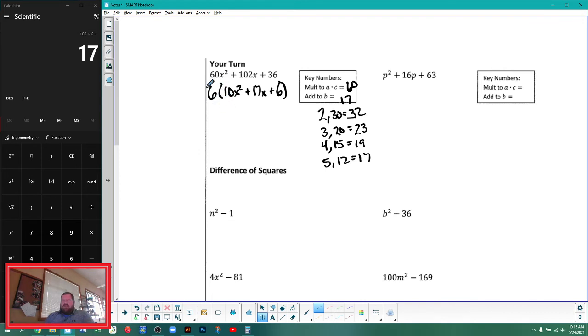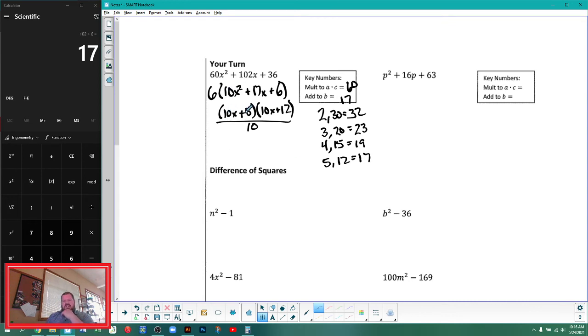So, again, I'm going to put that 6 aside for now. I'm just going to know that it's going to be part of my final answer. And to set this up, I have 10x plus 5, and 10x plus 12. And that's all being divided by 10.